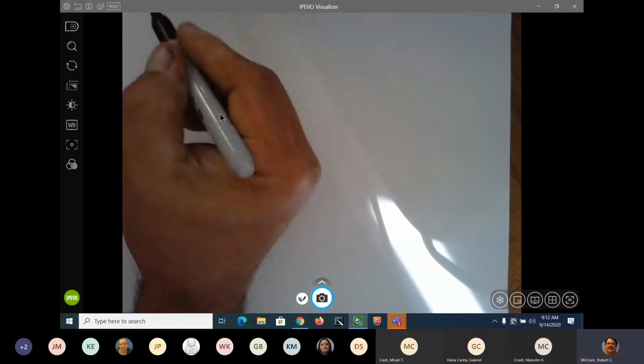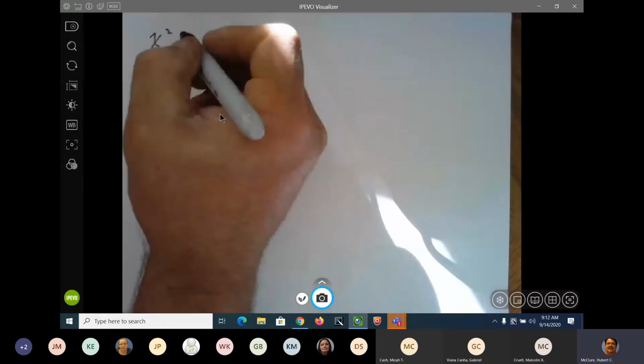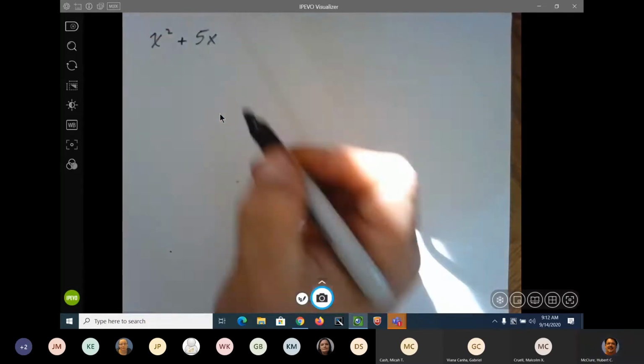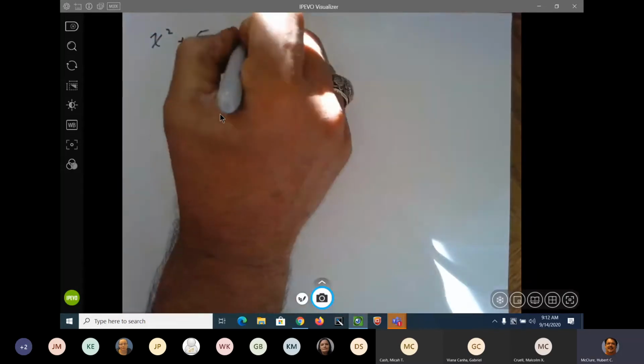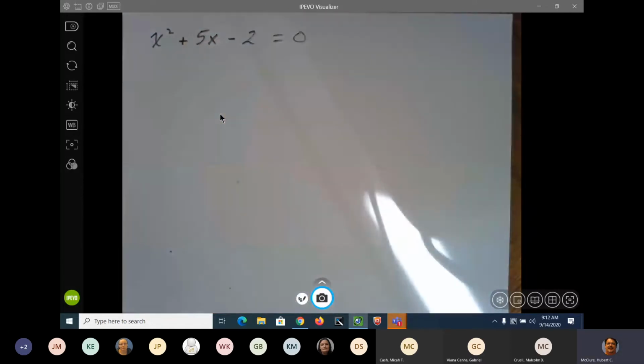So let's go with x squared plus 5x minus 2 is equal to 0. So you should be able to see x squared plus 5x.